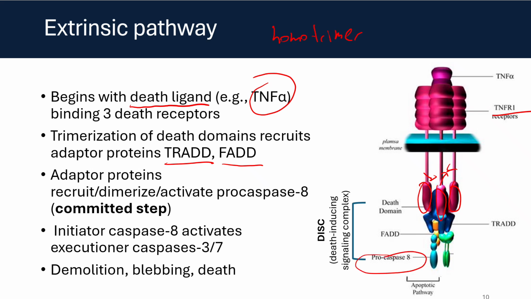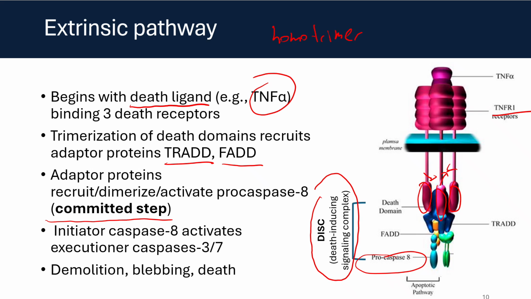Procaspase 8. It is the formation of the DISC, aka the death-inducing signaling complex, that constitutes the committed step for the extrinsic pathway of apoptosis. Because once we have that, we now have activated initiator caspase.